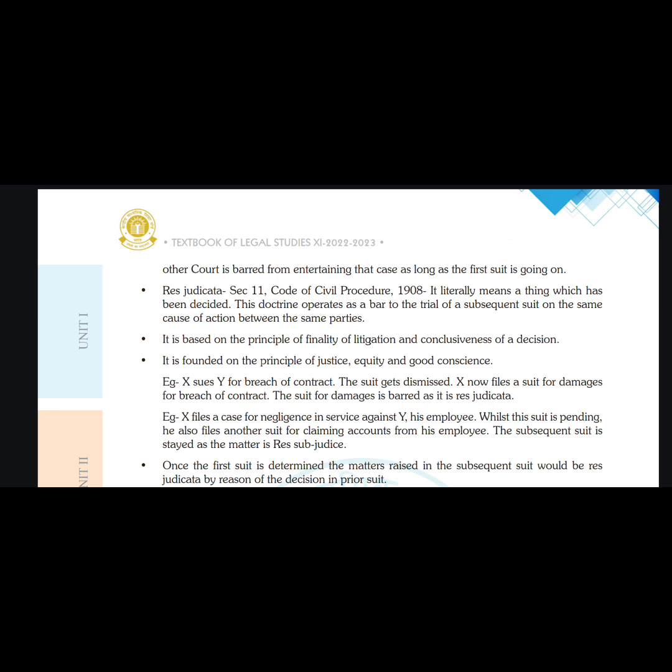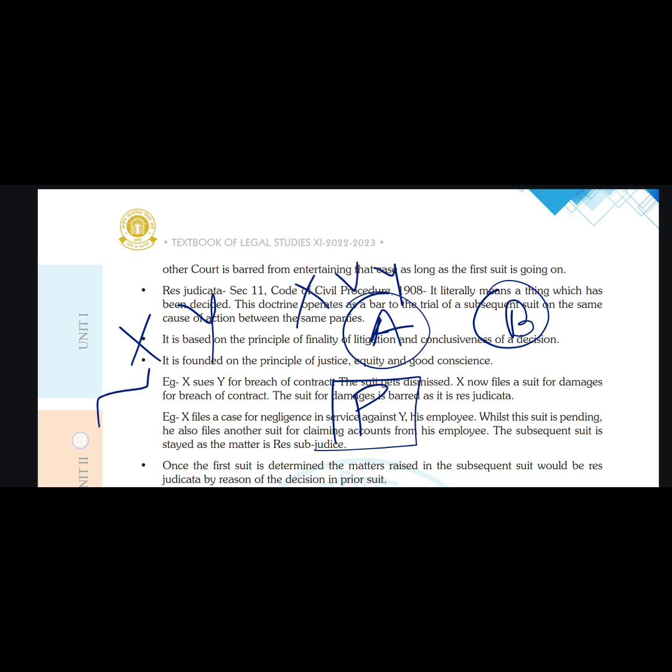Suppose there are two parties X and Y. This is court A, this is court B. For the dispute of property P, X versus Y is pending in court A. Now X owns another property Q. Y wants to purchase this property as promised by X a few years ago, but now X is refusing, saying that already one case is pending against you, now I will not take another chance.